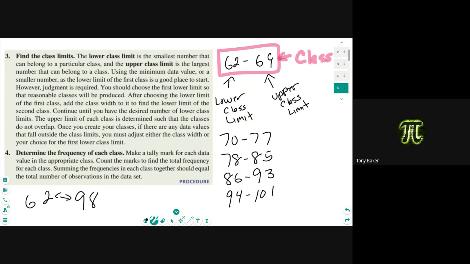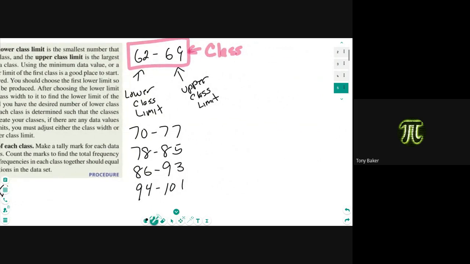So if we had done 7 instead of 8, I won't make you do the counting for this one. It'd be 62 to 68, 69 to 75, 76 to 82, 83 to 89, 90 to 96.